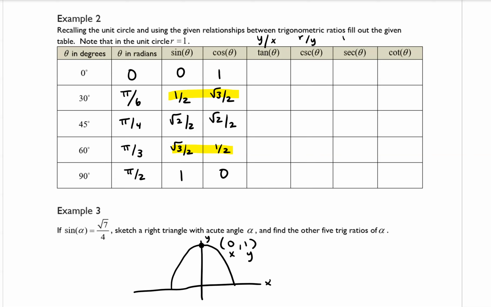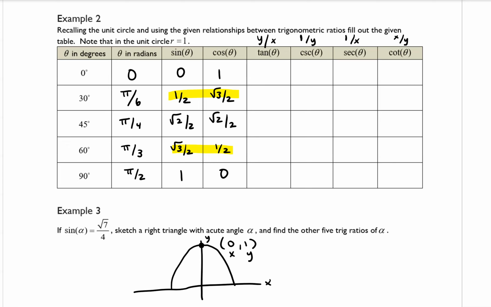Secant was r over x. And cotangent was x over y. However, remember that on the unit circle, the radius is equal to 1. And so in these two areas, I'm just going to replace the radius with 1. And that's going to make things a little bit easier for us.